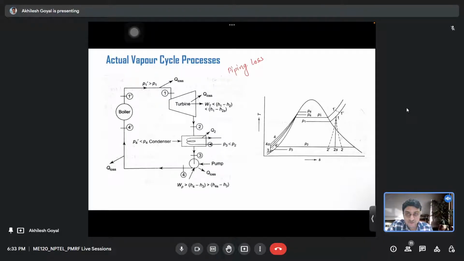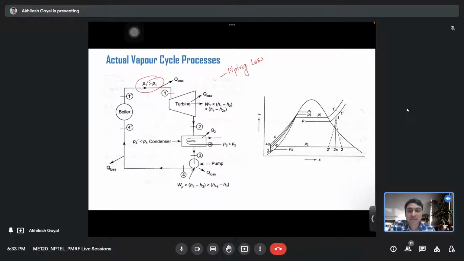Pressure drops when fluid goes from one component to the other. The pressure at the outlet of the boiler, that is pressure P1 dash, is greater than the pressure at the inlet of the turbine. Where this difference comes from is the piping loss, due to friction in the pipes.